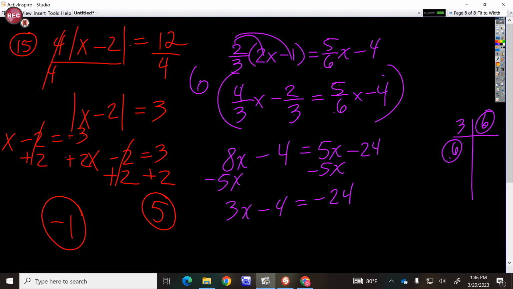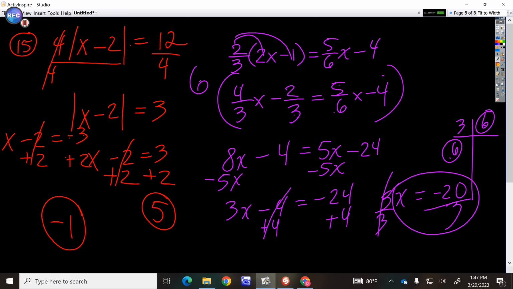What's the first step? Plus 4. Thank you, Adrian. Plus 4 plus 4. That gives me 3x equals negative 20. Last step, division. Divide by 3. X equals negative 20 over 3, which is letter A.